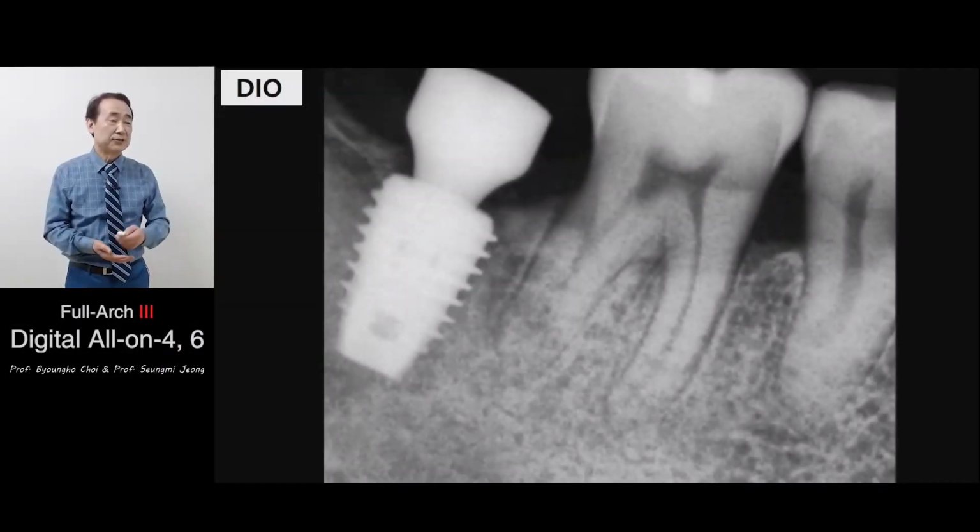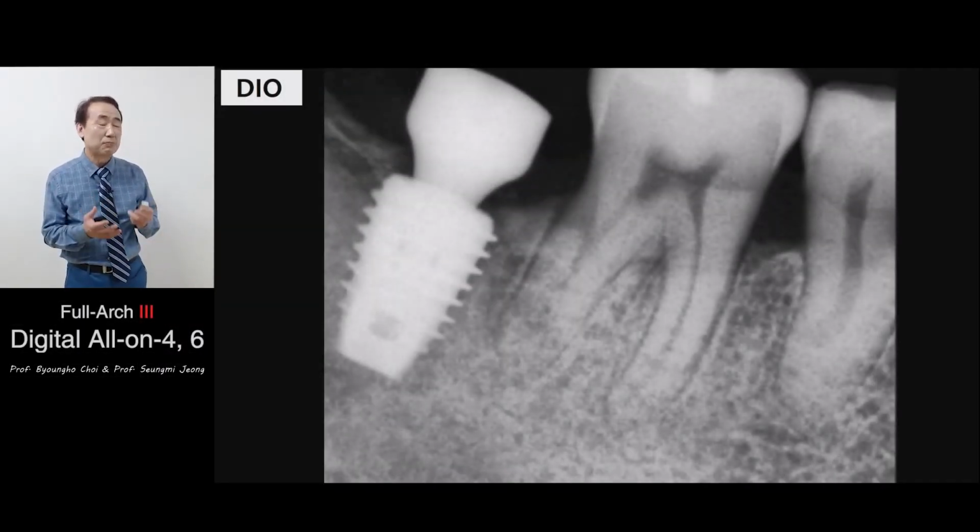You can see here, an implant is placed in the mandibular second molar area without difficulty using the DO guide system.